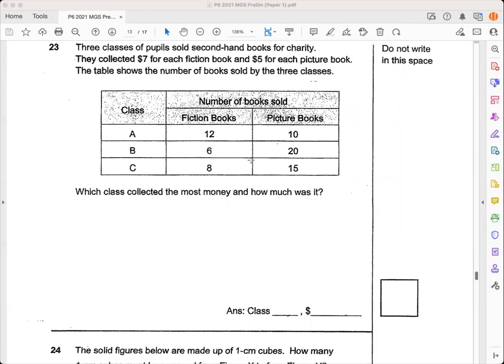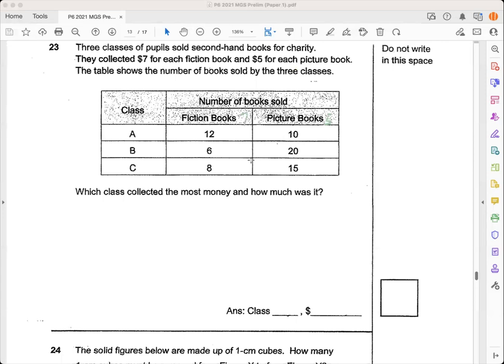So 3 classes of pupils sold second-hand books. They collected $7 on each fiction book and $5 from each picture book. So fiction book is $7. Picture book is $5.